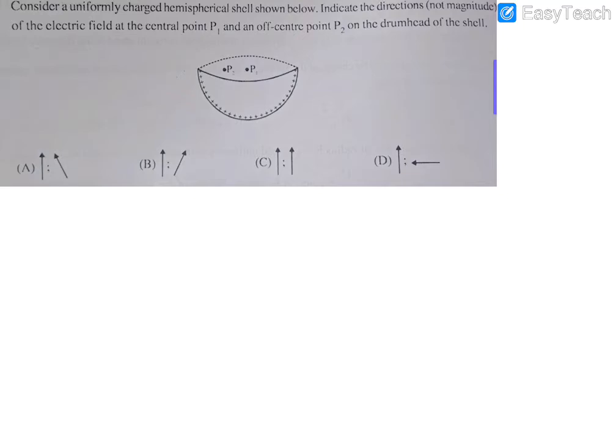You can choose an element of ring, maybe like this, and this will fall on its axis, so the field will be in this direction, dE, and if you sum them up, the total field will come in the vertically upward direction, or by symmetry we can say this must be vertically upwards. So P1 must be upwards. You will find everywhere P1 is upward.